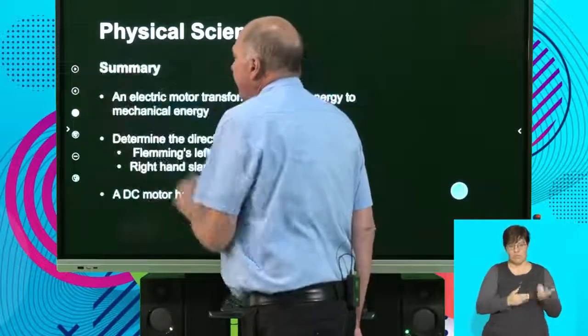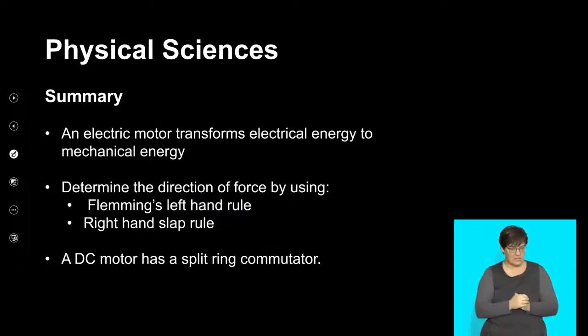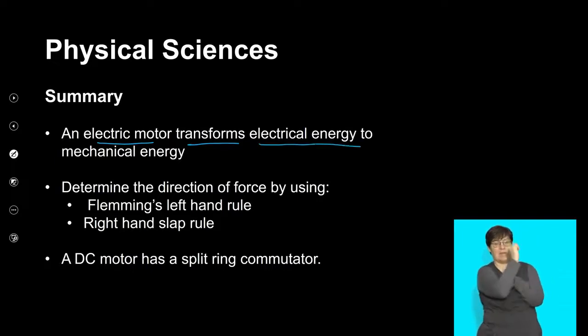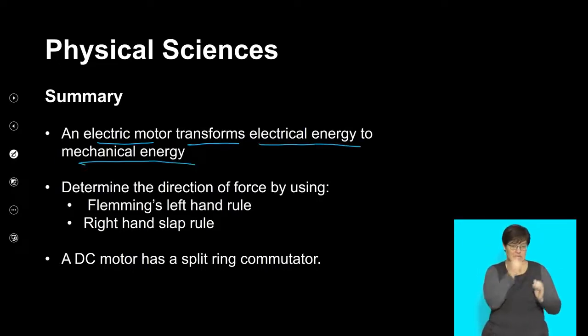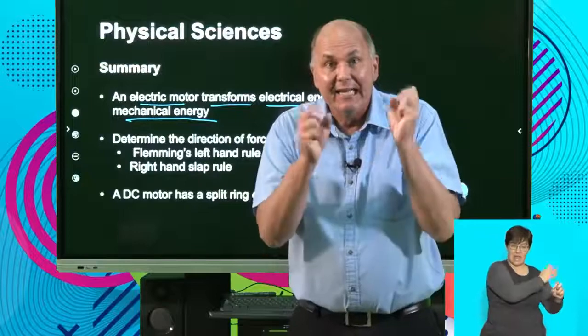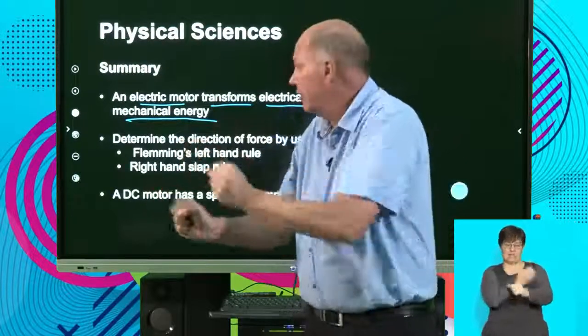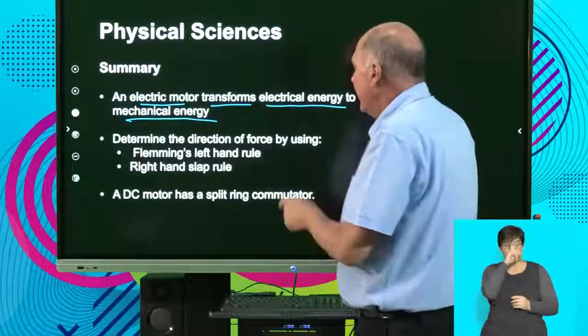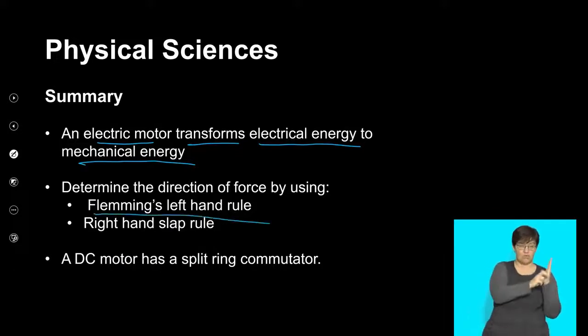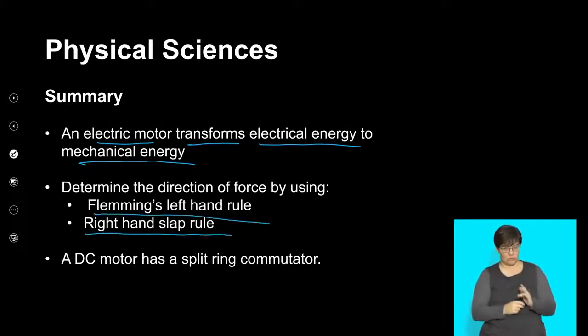And so what's our summary for today? As we've looked at the motor effect, here are the important things you need to remember. An electric motor transforms electrical energy to mechanical energy. That is the critical idea. Electrical energy into mechanical energy helps us do work. Please remember the difference between Fleming's left-hand rule and the right-hand slap rule.